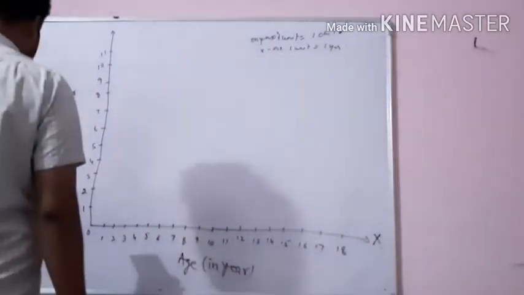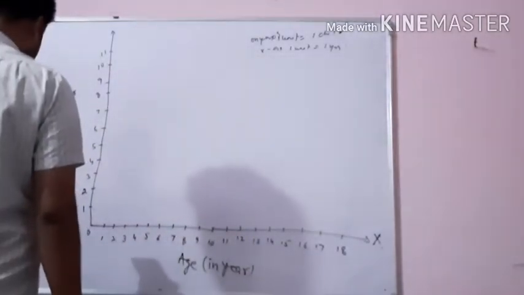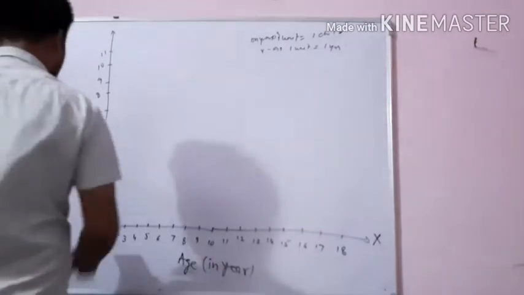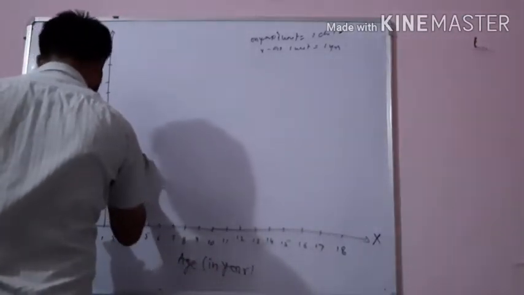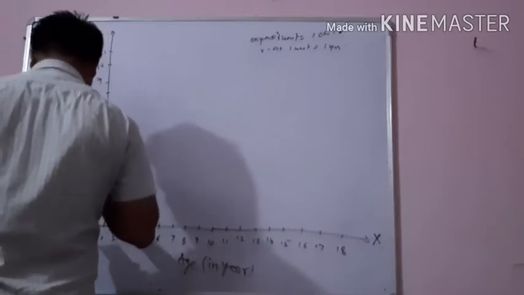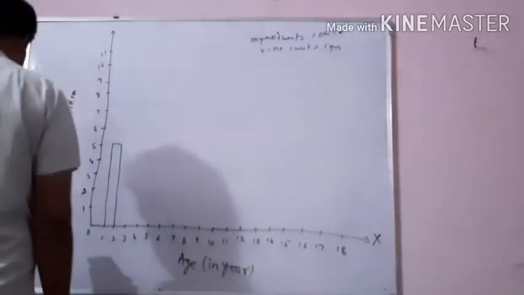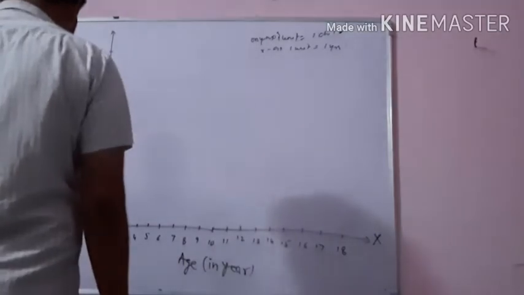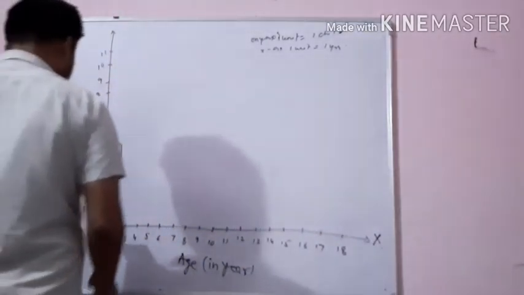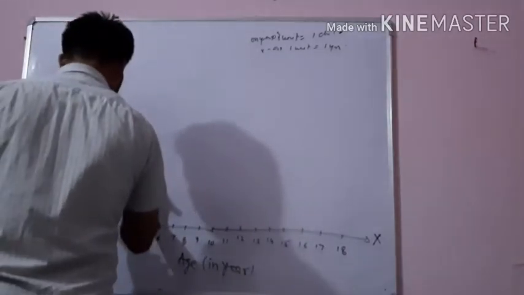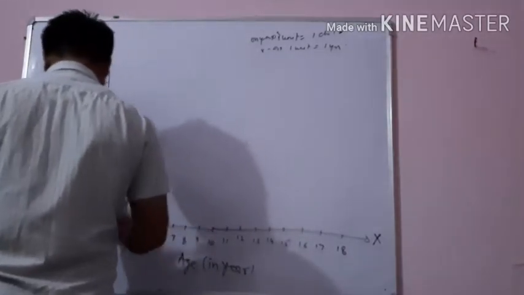Now 1 to 2. What was the frequency for 1 to 2? It is 5. So for 1 to 2 it will be 5. Now for 2 to 3 the frequency is 3.